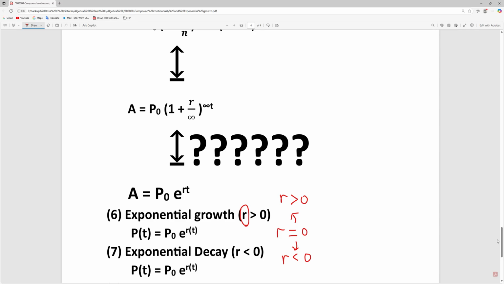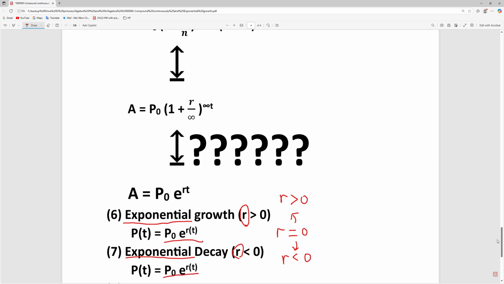It means you need to pay interest to the bank because they keep your money safe. Anyway, we talk about when the rate is positive or when the rate is negative, but the formulas are all the same.